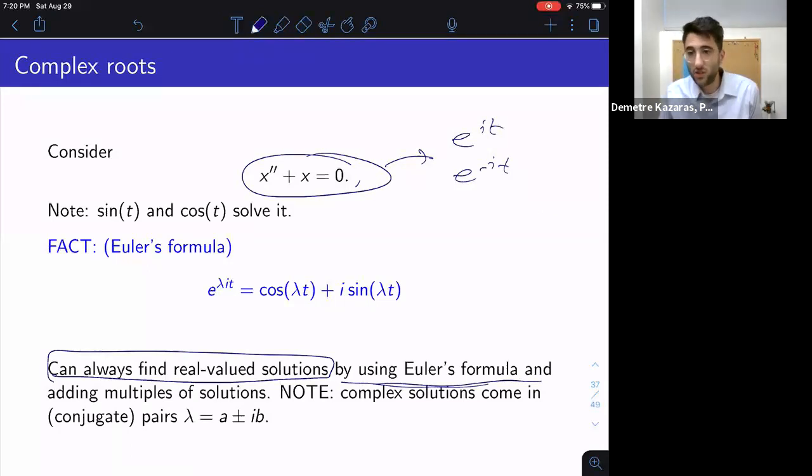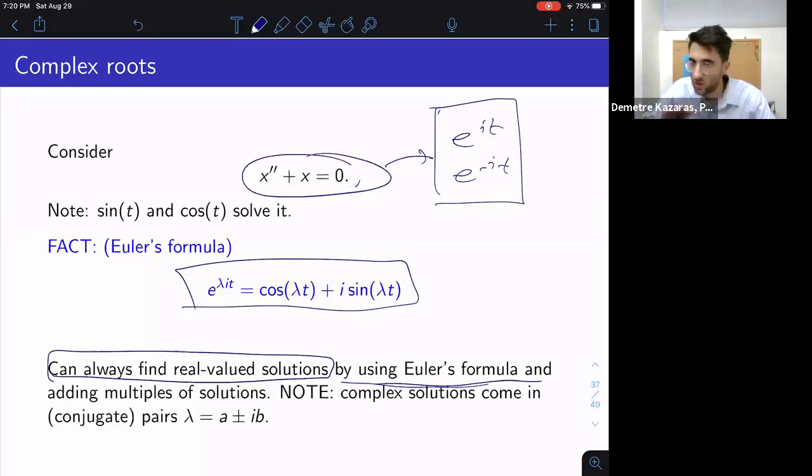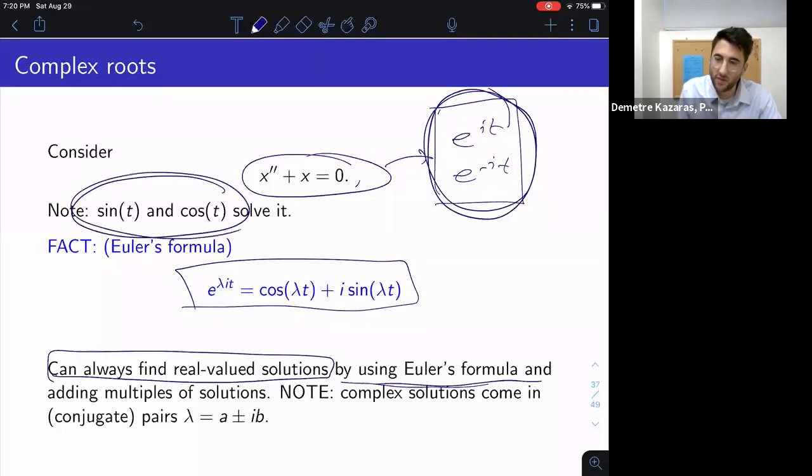Well, the good news is, and the procedure that we'll have to do sometimes, is this formula can be leveraged to always write down certain combinations of e to the it and e to the minus it, or whatever complex exponential functions you run into, in terms of cosines and sines with no i's, just only sines and cosines. So, there's a process of going from these complex exponentials to detecting the trig functions that can be written as appropriate multiples of the exponentials.